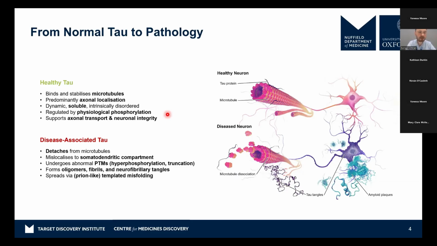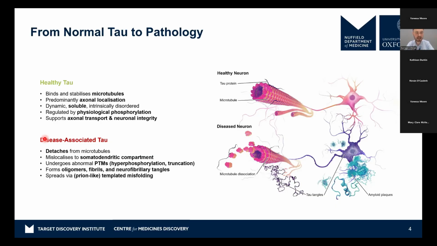It is regulated by phosphorylation, and, as I said, it supports axonal transport and neuronal integrity and communication. However, in disease, tau detaches from microtubules. It mislocalizes from the axon to the somatodendritic compartment of the cell, and it can undergo abnormal post-translational modifications. It can be hyperphosphorylated, and it can also undergo truncations, and these change the basic biochemistry of the protein itself.